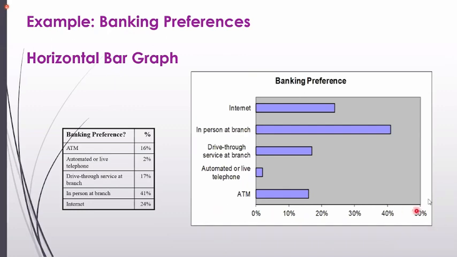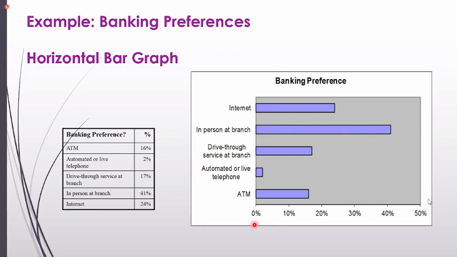So here, what type of bar chart do we have? Is it a frequency bar chart, relative frequency bar chart, or percentage bar chart? It's a percentage bar chart, right? So here also we are starting with 0%, right?